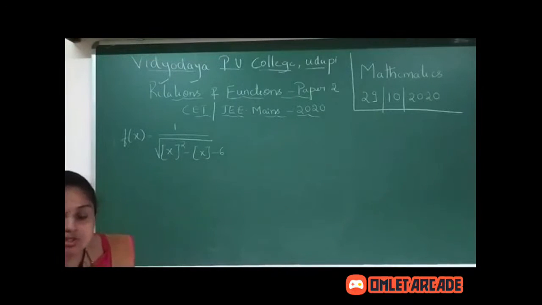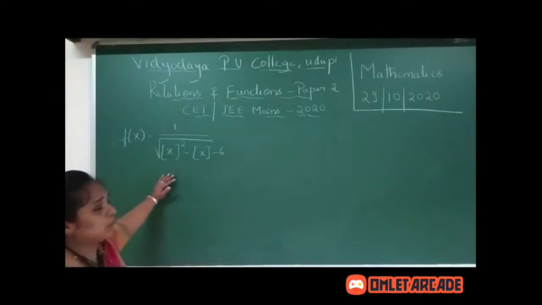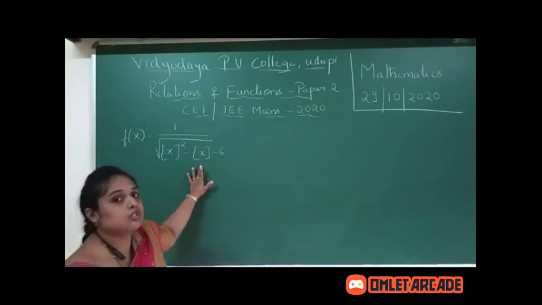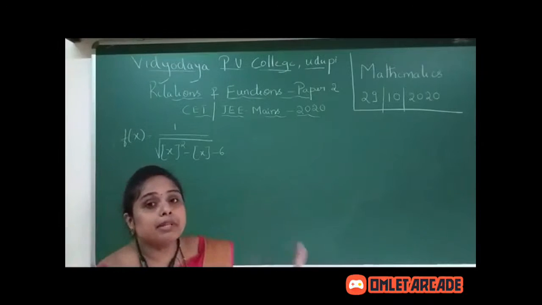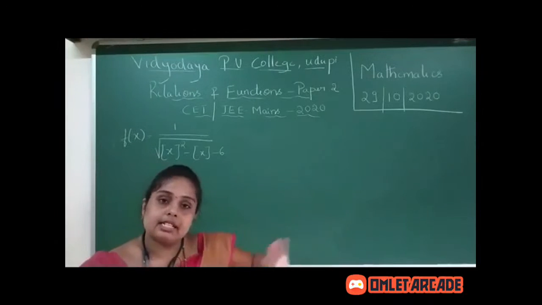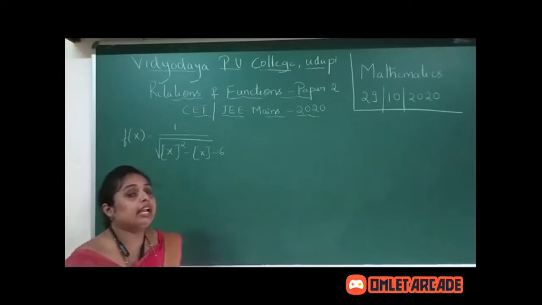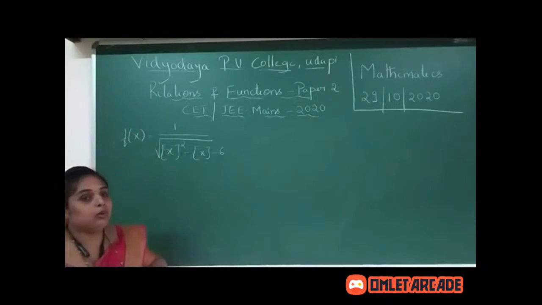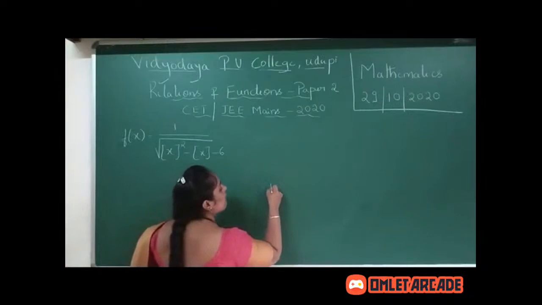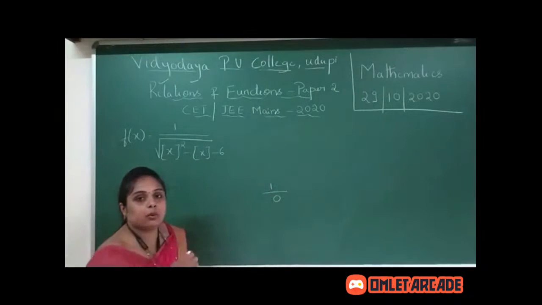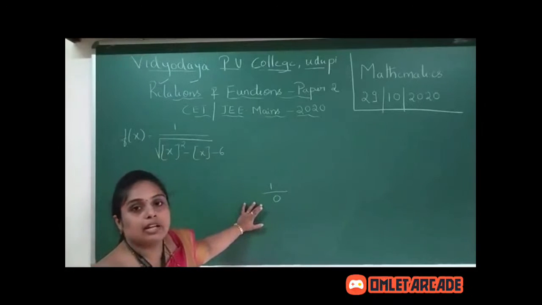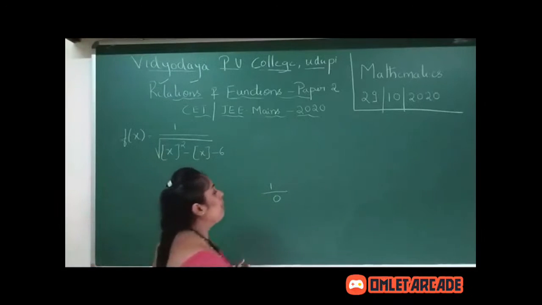Now looking at this, the question is to find the domain. Look here. What values can I substitute in the place of x so that f of x will be some real number, not something else. It is defined and it's a real number. So, I have already told you in the previous session, if I get 1 divided by 0, it's not defined. This value is undetermined form.